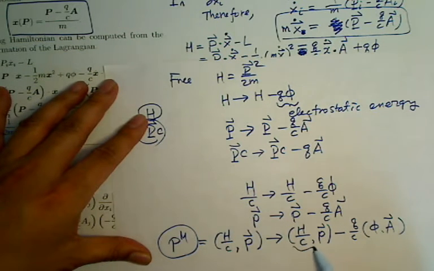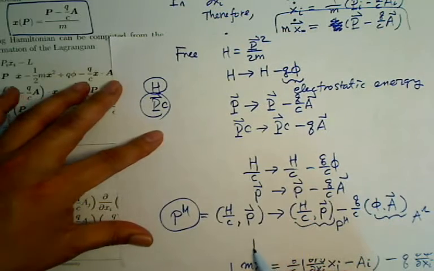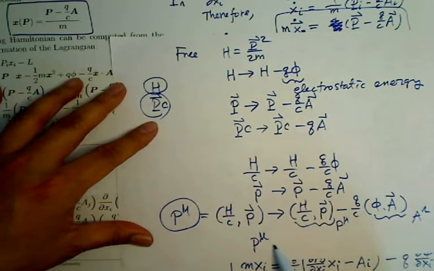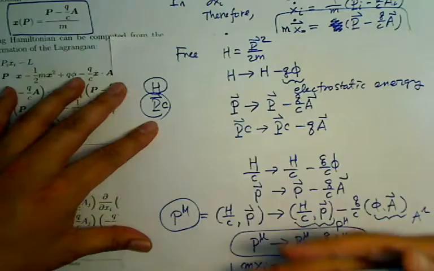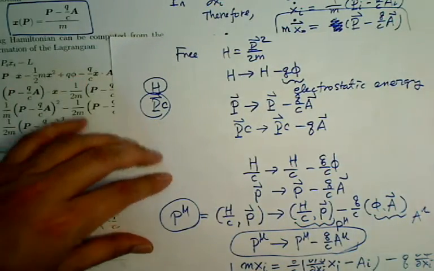So this is p mu and this is A mu. In the presence of the electromagnetic field, there is a replacement. Simple form. This compact form explains everything in here.